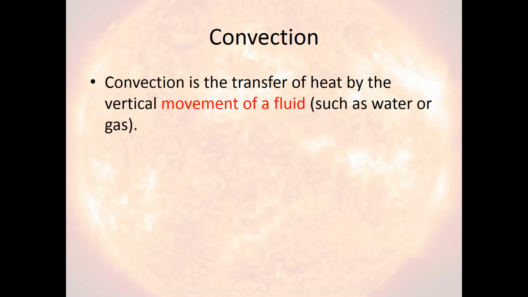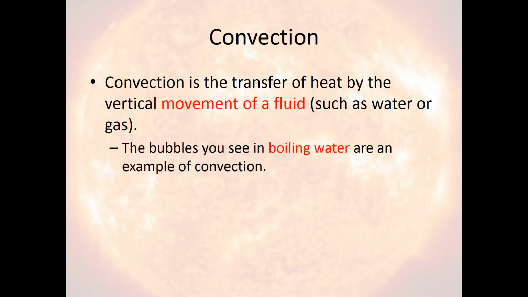Now, convection involves vertical movements. So basically what happens is heat near the ground rises in the case of convection. A good example of this is if you've ever boiled water before and you've seen little bubbles rising up in your water, that's an example of convection.